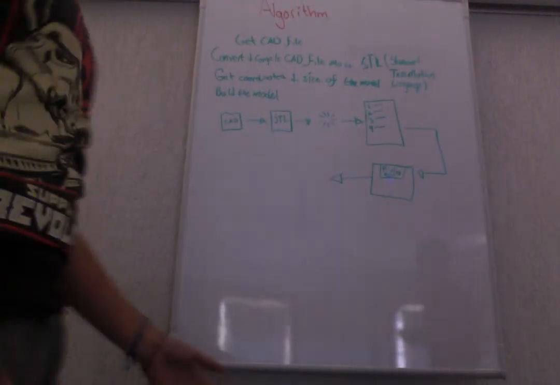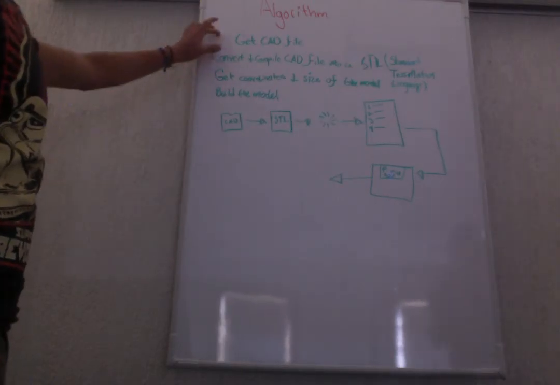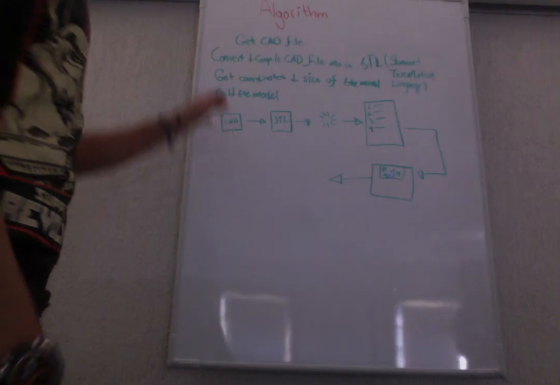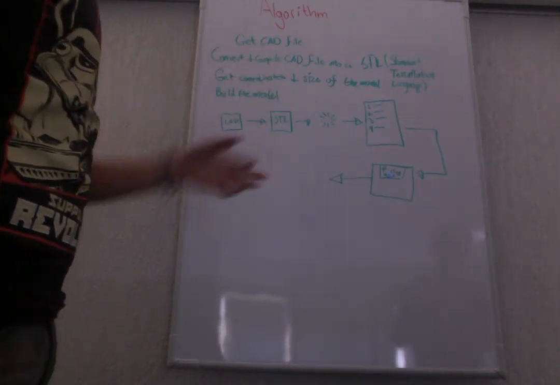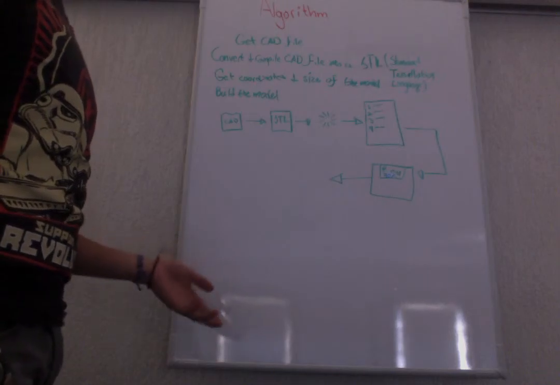The algorithm a 3D printer follows is this: first, you need to get the CAD file, decode it, and compile it into an STL, which stands for Standard Tessellation Language.